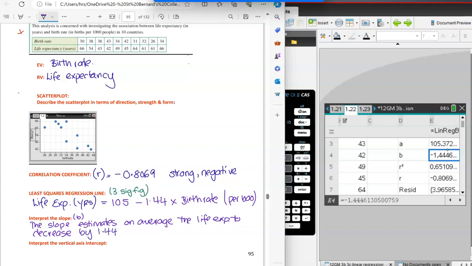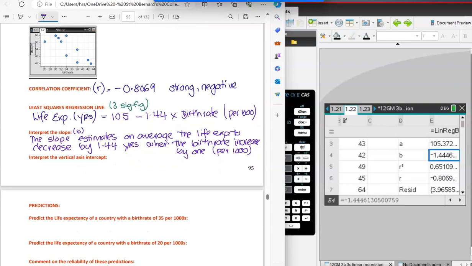Don't need to write the negative because that's what decrease means. Decrease by 1.44. Now life expectancy was in years, so I'll write 1.44 years when the birth rate increases by 1, and just put per thousand, the unit in brackets there. So there's me interpreting the slope.